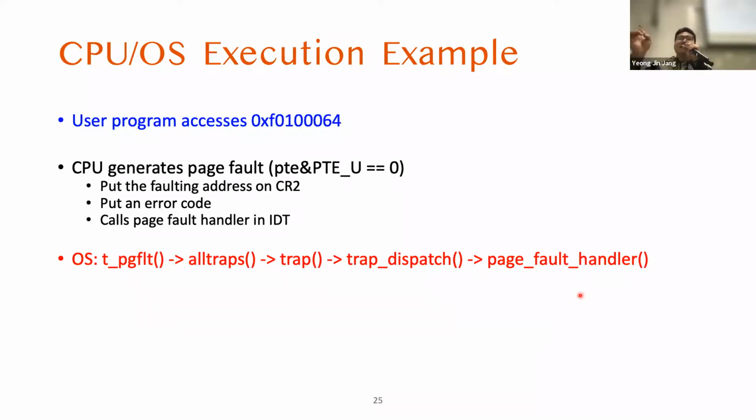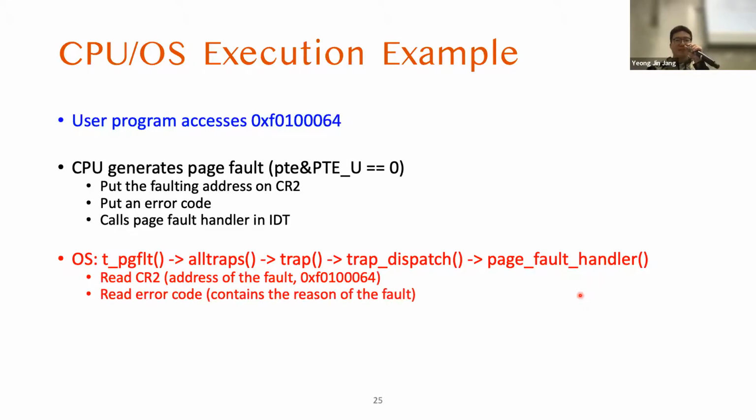And then inside the page fault handler, because you have the trap frame, you can read the CR2 to reason about which address was problematic. And then you can also read the error code. The CPU automatically stores the error code, and then you can reason about why the fault has happened.